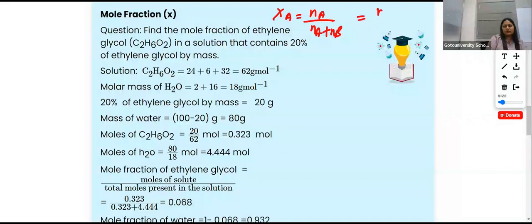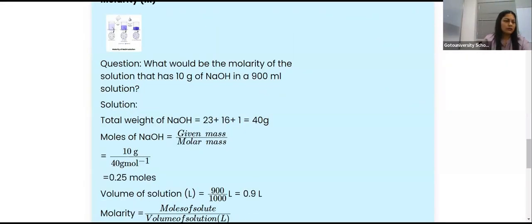We have also written this as this. Read the question: find the mole fraction of ethylene glycol in a solution that contains 20% of ethylene glycol by mass. So you can solve this easily. Try to solve this numerical on your own.